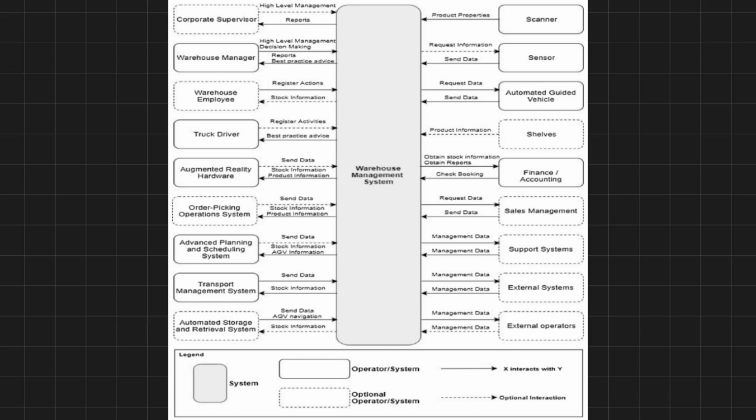The warehouse management system interfaces with a range of human operators, including corporate supervisors, warehouse managers, and floor-level employees. These users interact with the system to log actions, monitor activities, make operational decisions, and extract performance reports from the collected data. Depending on warehouse policy, truck drivers may also interact with the WMS as external operators.